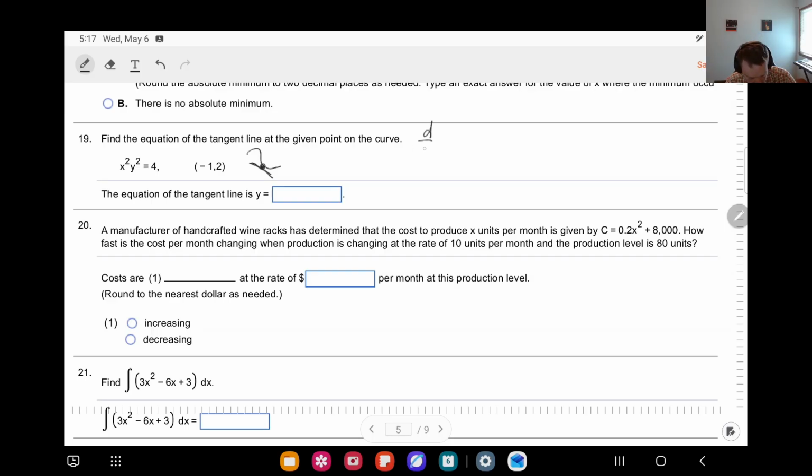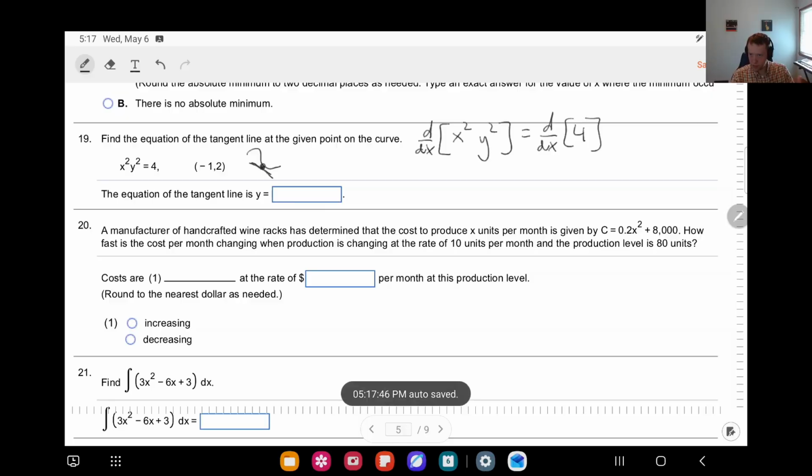So you take d dx, the derivative with respect to x of both sides, and when we do this, dy dx will naturally come out.